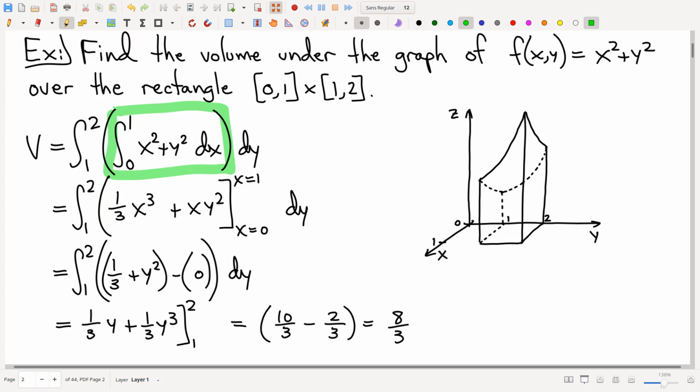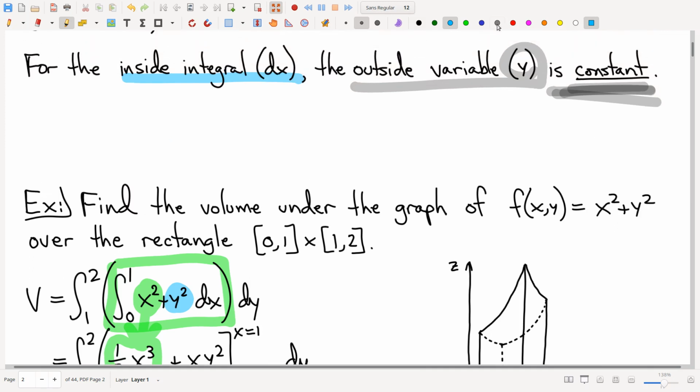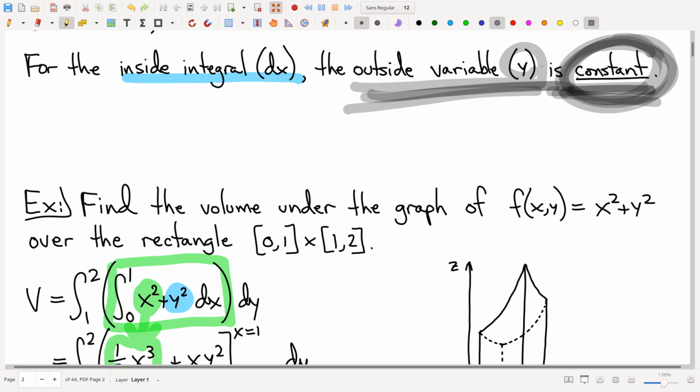Now, here's where a lot of students will mess up. It is perfectly reasonable and familiar to look at that x squared and think, okay, the antiderivative is 1/3 x cubed. Cool. And then to look at this y squared here and a lot of students will say 1/3 y cubed. Easy mistake to make. But you've got to remember, and this is really, really important, to treat that outside variable as a constant.